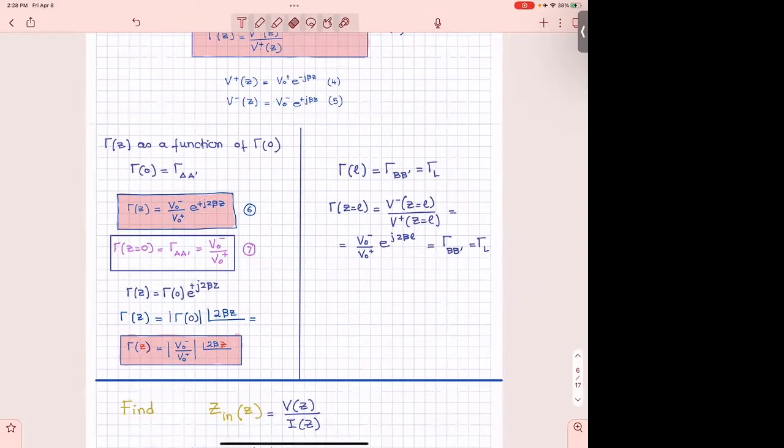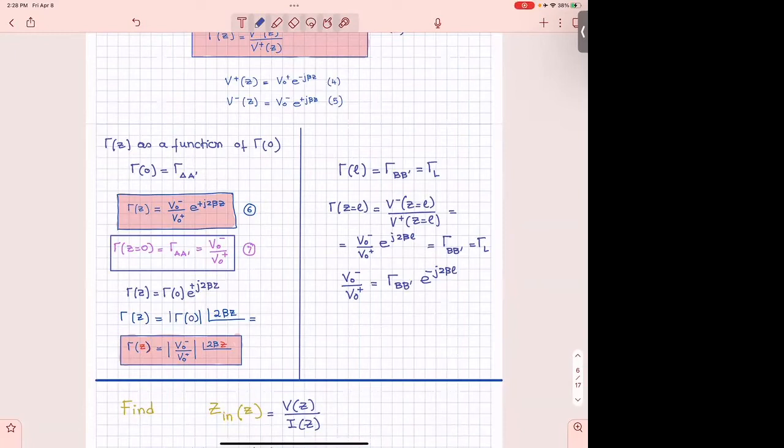I'm going to use, okay, let me see this, V naught minus over V naught plus is equal to gamma B prime at the end of the line, e to the minus j2 beta L. You see that?